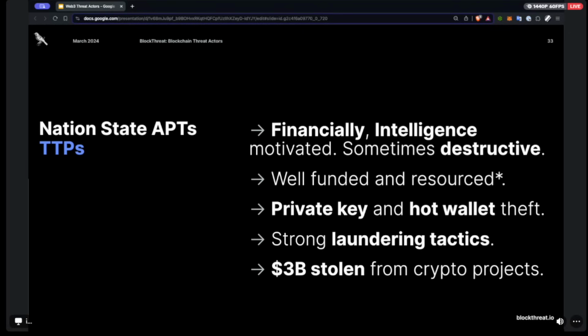You know how to hack Web2 infra, so you're just going to go after hot wallets. That's why, whenever you hear private key or hot wallet compromise and you see certain laundering techniques, there's a very good indication that this is a North Korean actor. Laundering techniques are very strong. Again, they've been doing this for a very long time. They know what's going on.